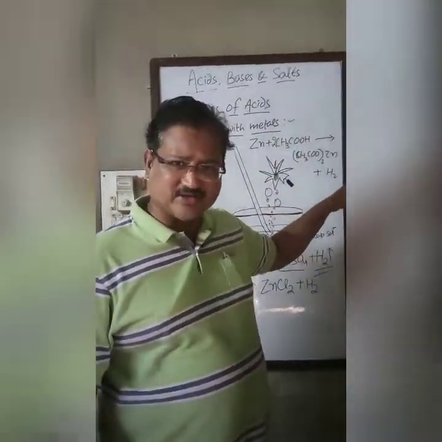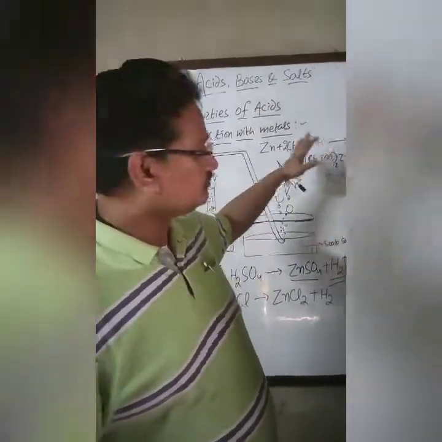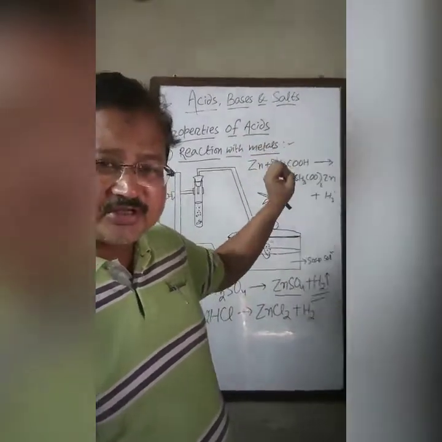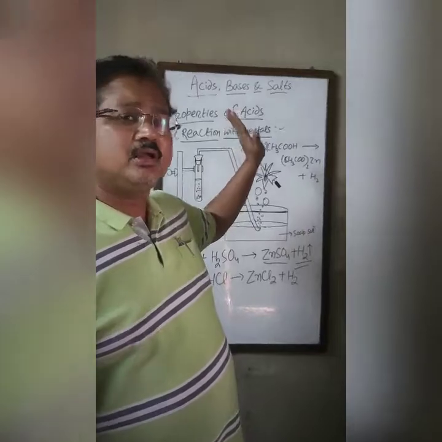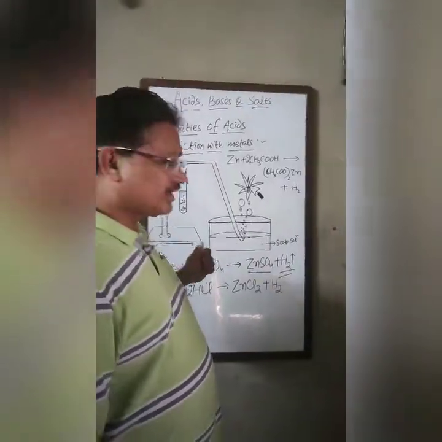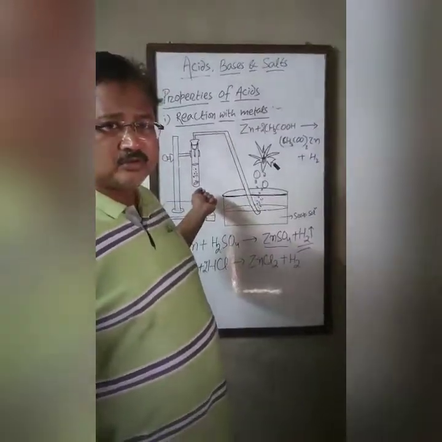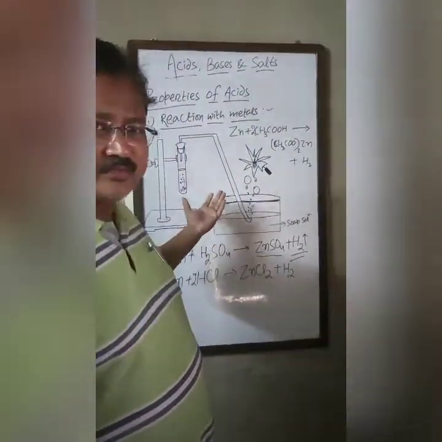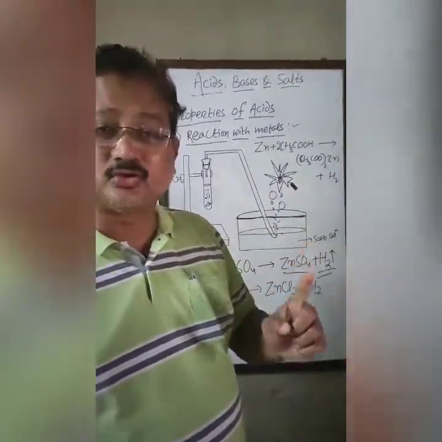Those which are ionizing come out as hydrogen gas, while the molecular state remains as it is. That's why the evolution of hydrogen gas in this case will be lower. And remember one thing: in this case also, if you touch the bottom of the test tube, it will be a bit warm, whether with hydrochloric acid or sulfuric acid. That indicates that this is an example of an exothermic reaction.